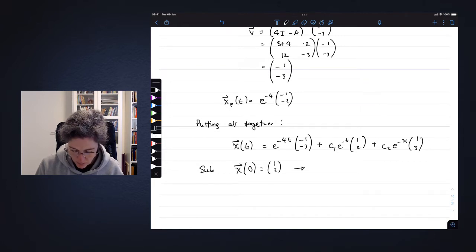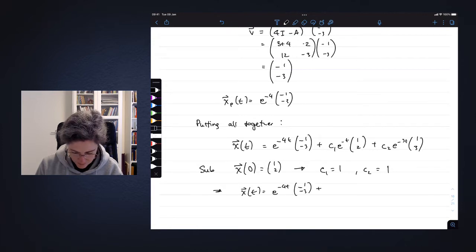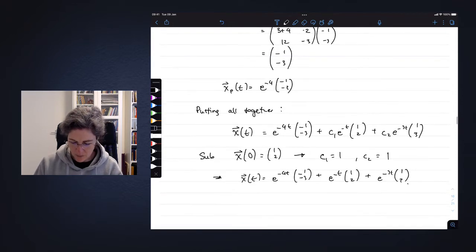You can plug that in to get that c1 is equal to 1 and c2 is equal to 1 as well. So finally we can end up with the specific solution to the non-homogeneous case with the initial conditions that we got to be, okay.